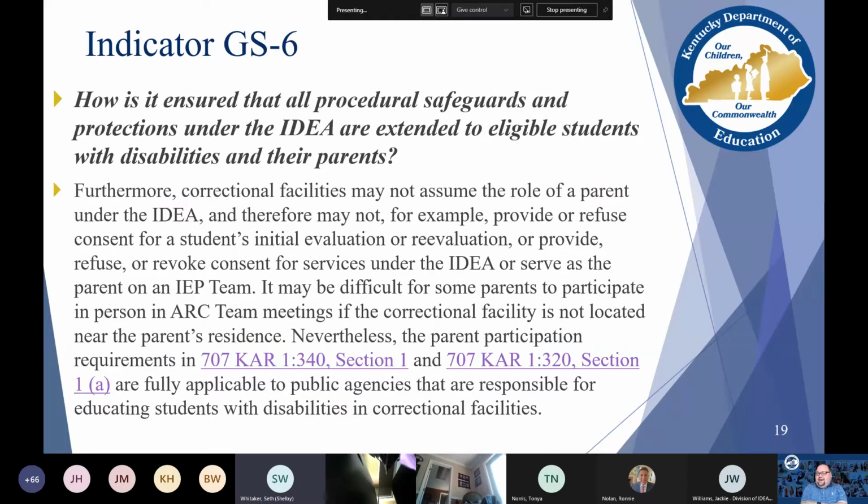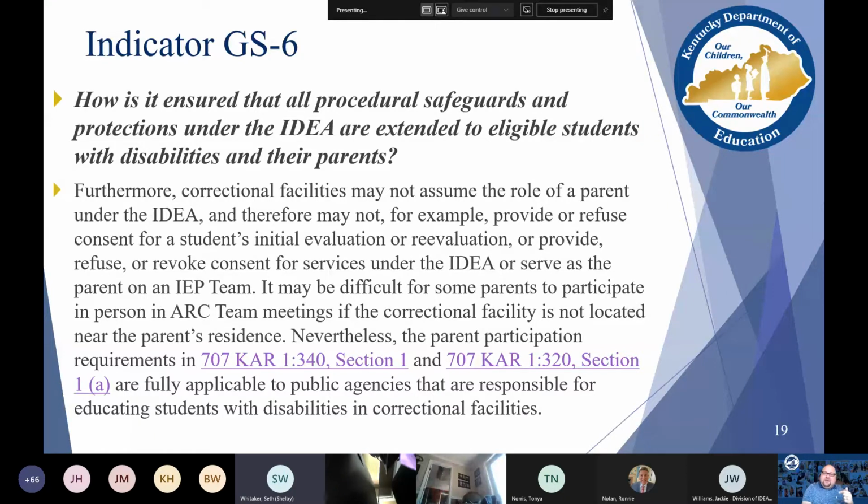Correctional facilities may not assume the role of the parent under the IDEA and may not, for example, provide or refuse consent for a student's initial evaluation or re-evaluation, or provide, review, or revoke consent for services, or serve as the parent on an IEP team. So correctional facilities cannot assume that role of that parent. Not allowed. It may be difficult for some of those parents to participate.